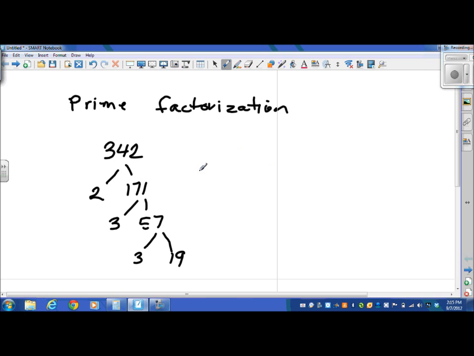So in this case, I've got all of the prime factors. Now, 19 is a prime number. I can't break it down, so I'm not going to go any further.